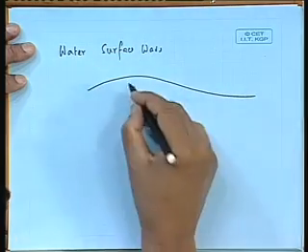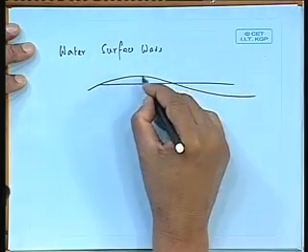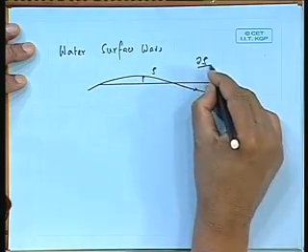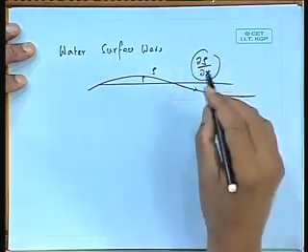if you assume the slope is not very high, this is my xi, and this is my slope. Any time this d xi by dx is a slope.